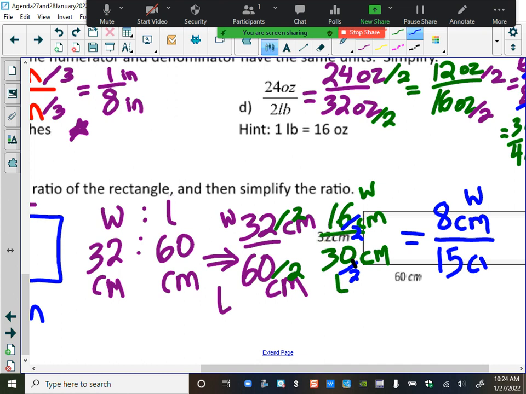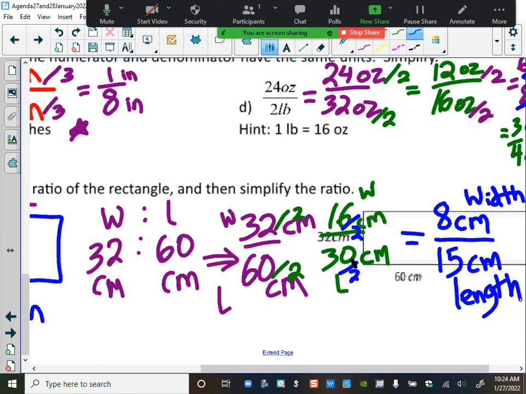Width or length? Length. So 8 over 15. Because at this point, we can't go any further, right? The only numbers that would work were 3 and 5, but 3 and 5 is not going to work for the 8, so you stop here.